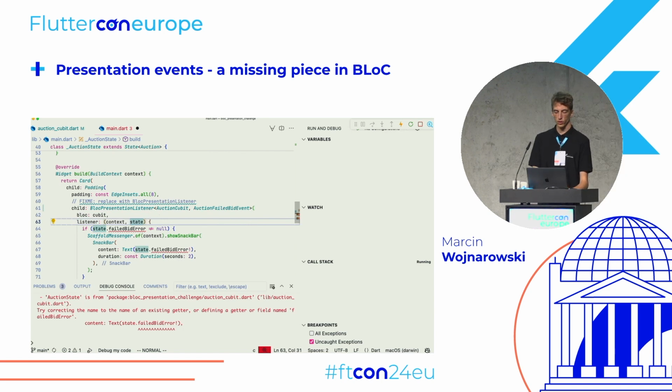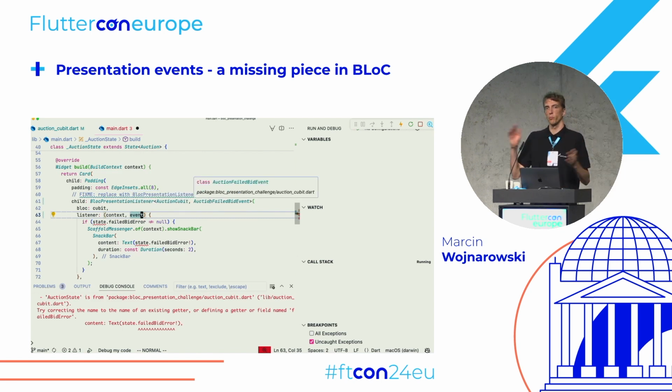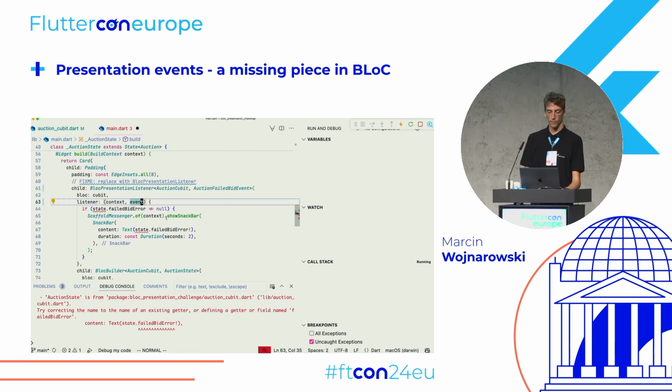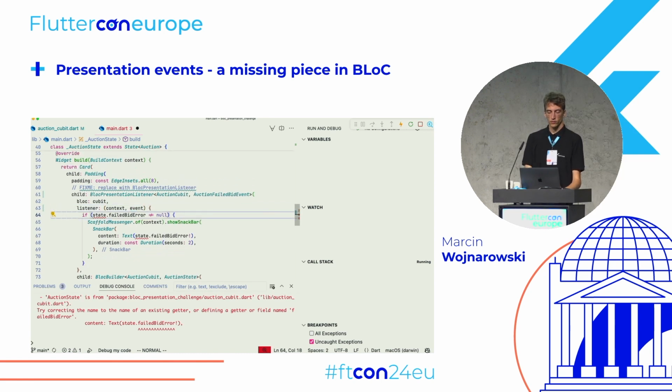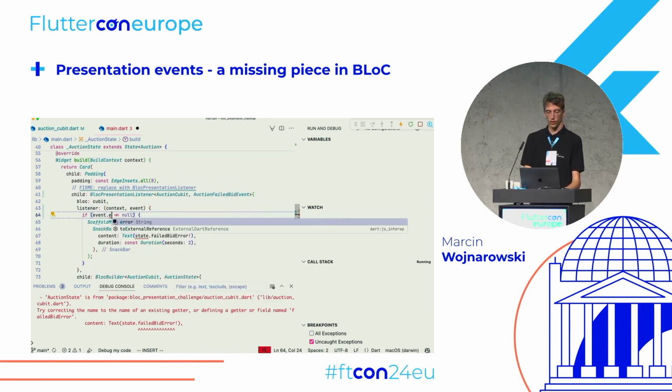However, here we don't actually have the state. We have the event. In our case, since the type of the event is only this, we know that the event can only represent the event of failing to bid. But of course, if you were to use a union type here, then you could represent different kinds of errors. So here, the difference is that now we can reference the event and its error.